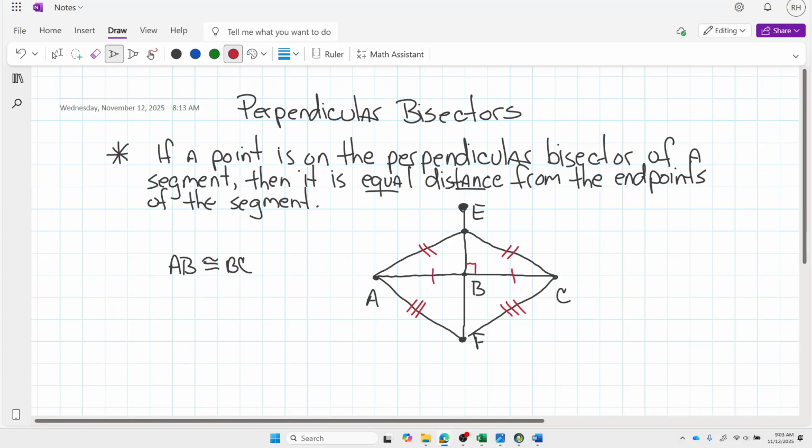Right below it is the converse of the theorem. You need to get that in your notes as well. Converse of the perpendicular bisector theorem.